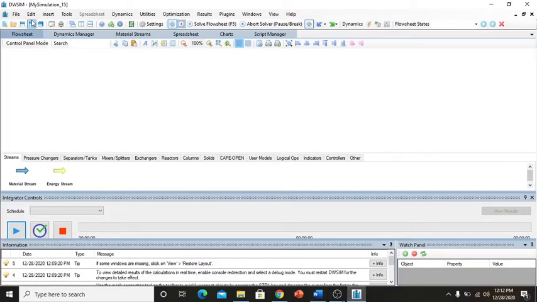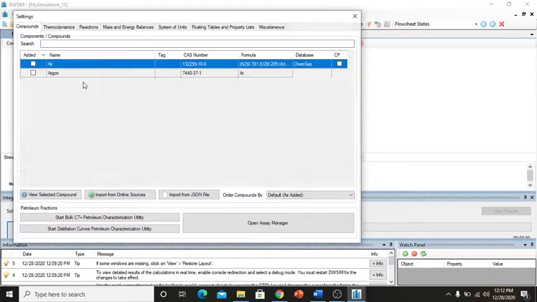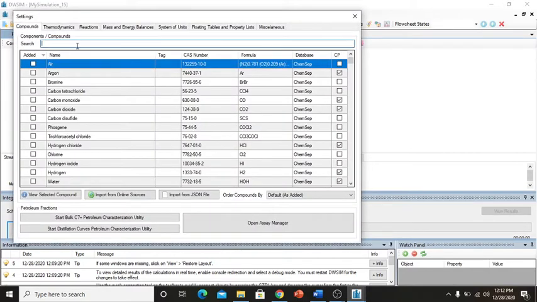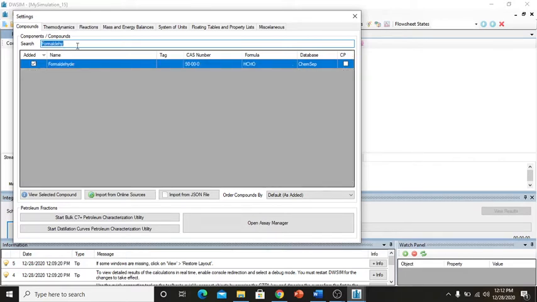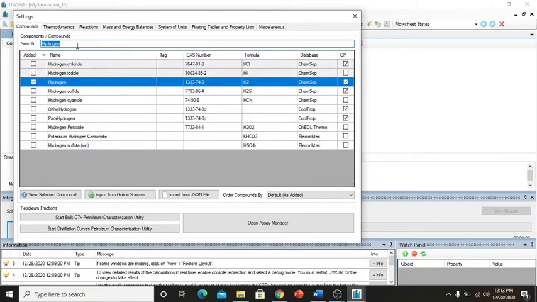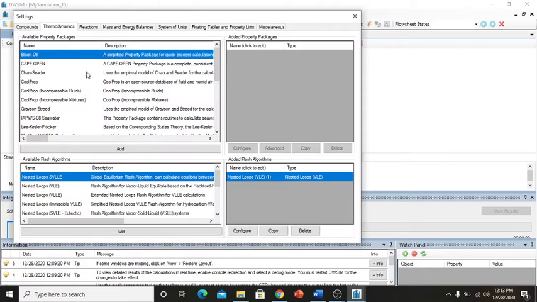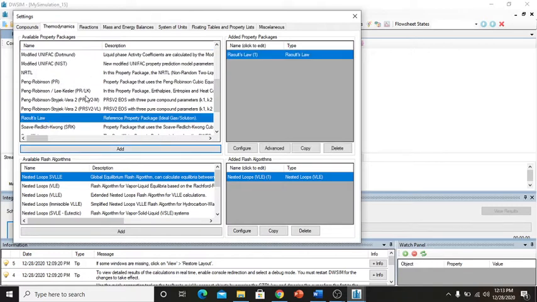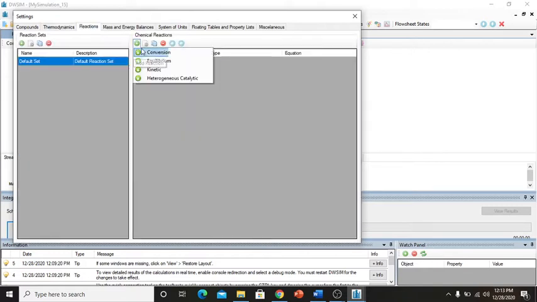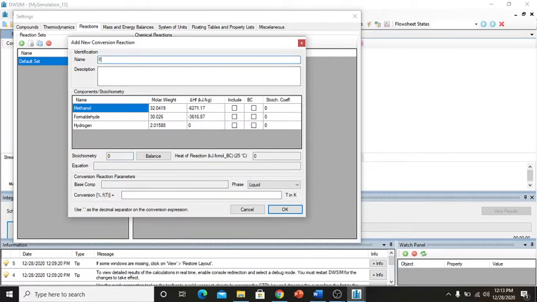In the DWSIM, the compounds that we will be using are methanol, formaldehyde, and hydrogen. For the property package, we will just be using the Raoult's law. Reaction, this is a conversion reaction, so let's name it formaldehyde production.